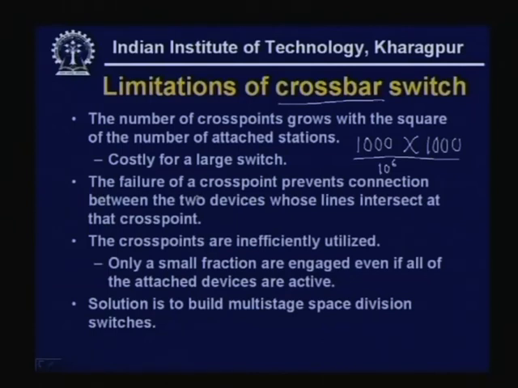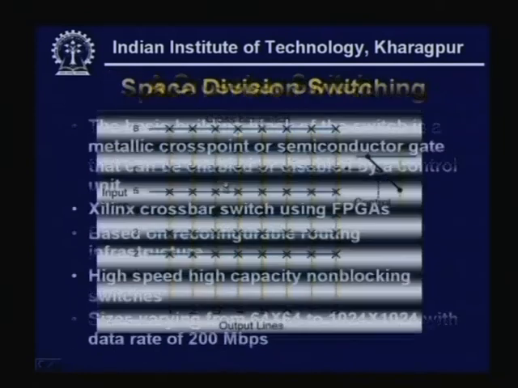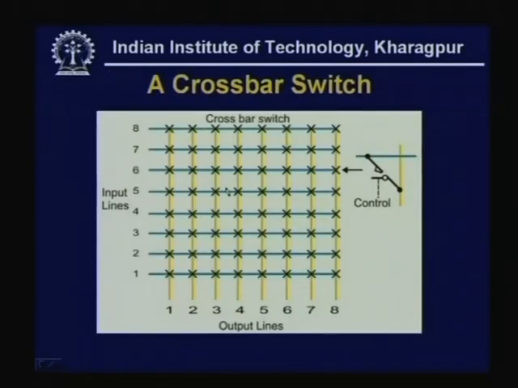Another important disadvantage is that the failure of a cross point prevents connection between the two devices whose lines intersect at the cross point. Let us go back to the diagram of the crossbar switch, which will explain that. Suppose this particular cross point or this switch has become faulty.